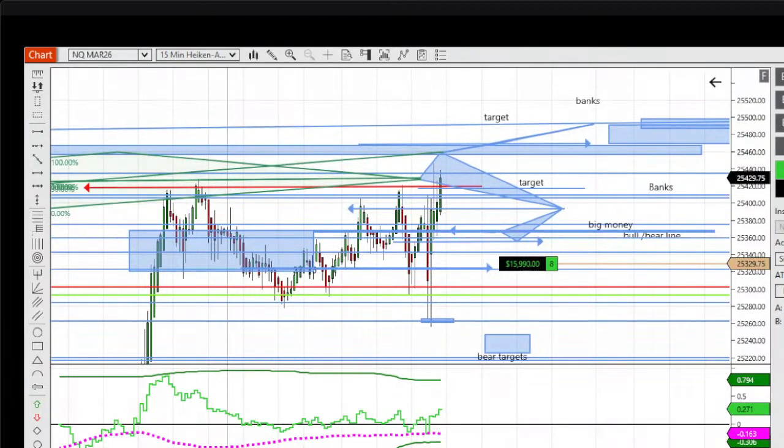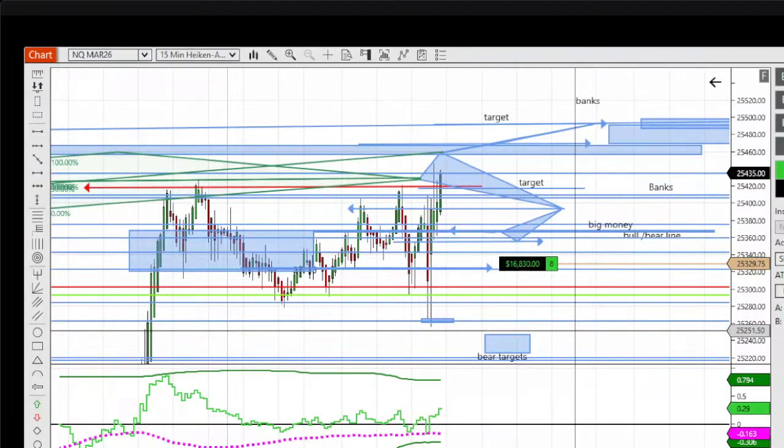See that? And now we'll put this one up here. Right there. See the targets? Target, target, target, target. Makes sense, doesn't it? So that now you guys know.